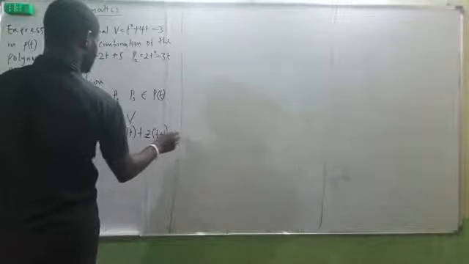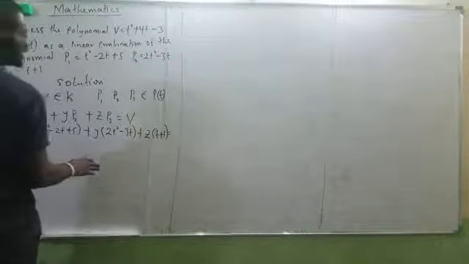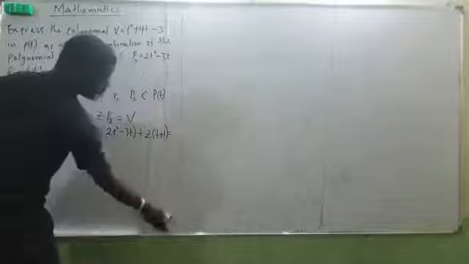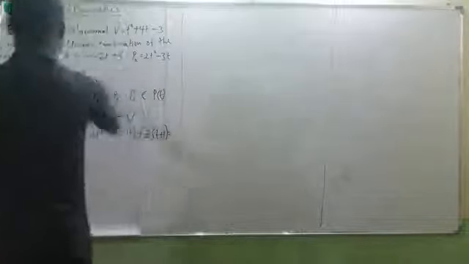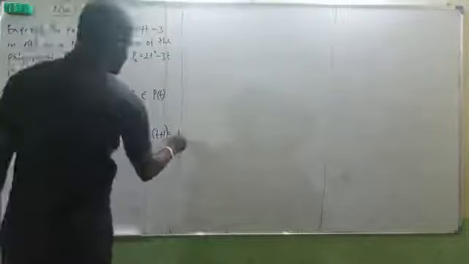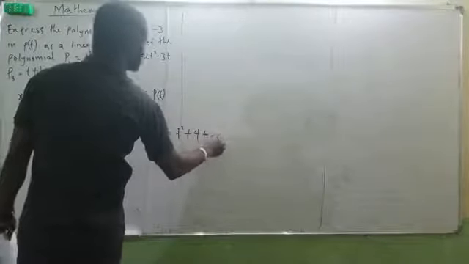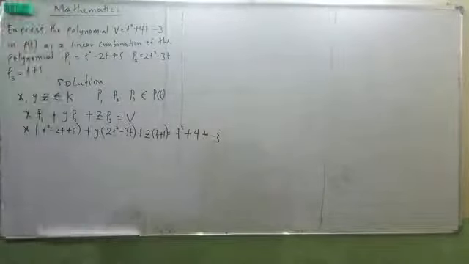My v will be equal to t squared plus 4t minus 3. That is what we need to do.